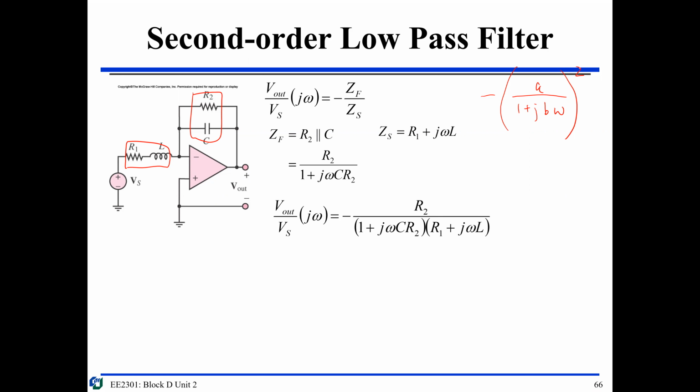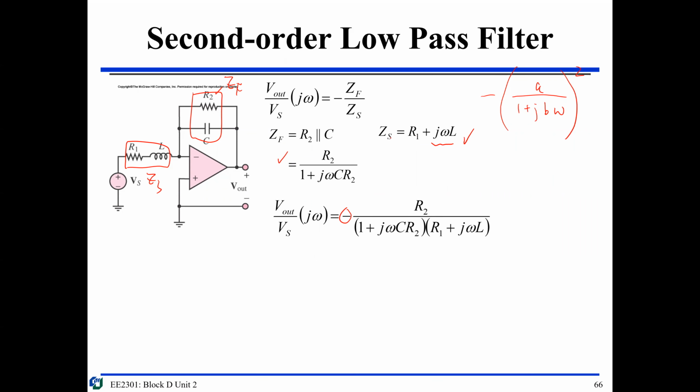So I have RL, ZS. So this is ZS. This is ZF. Okay. And we know this one already. ZS is R1 plus j omega L. So we know this. Then put together. So you have a minus sign here.